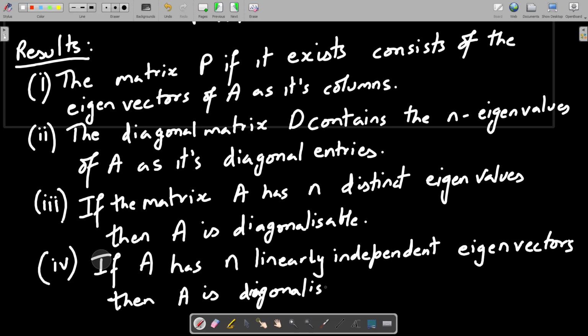Diagonalizable. Okay, it's diagonalizable.